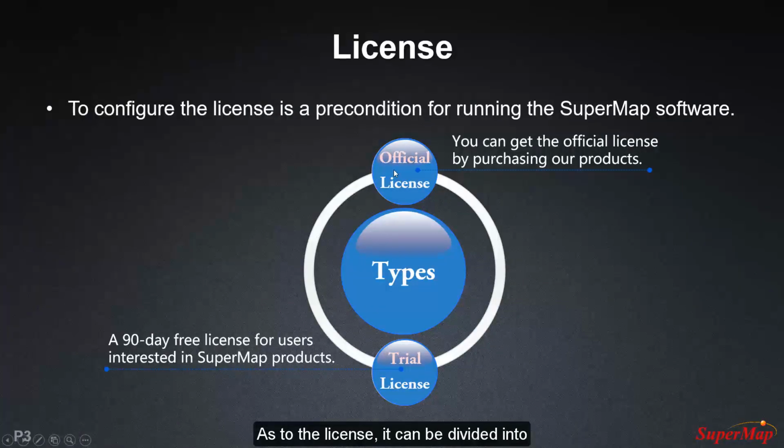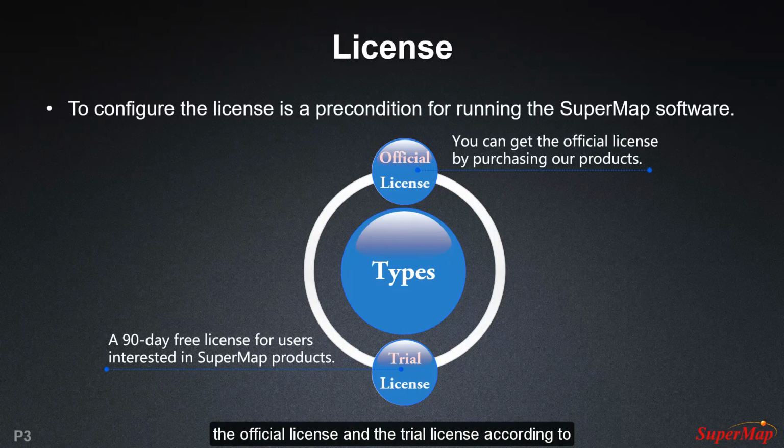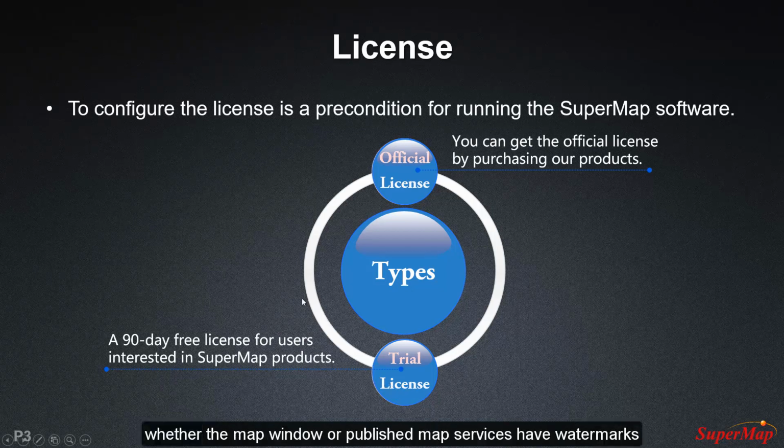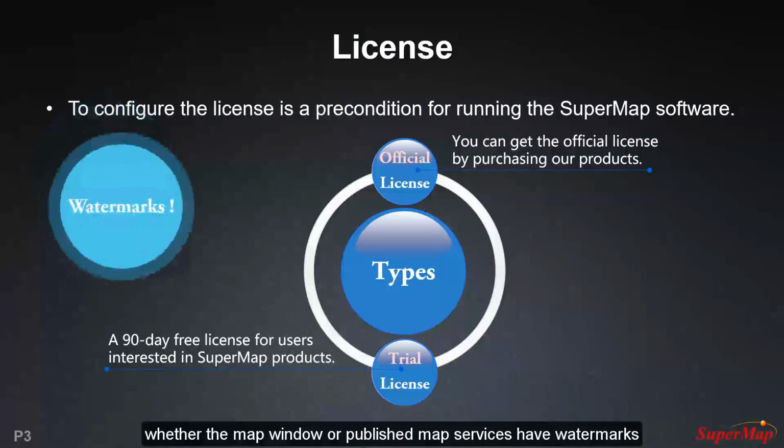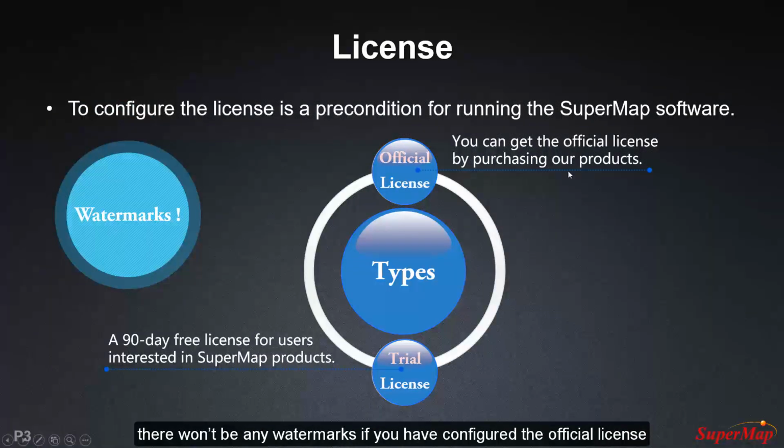As to the license, it can be divided into the official license and the trial license, according to whether the map window or published map services have watermarks. There won't be any watermarks if you have configured the official license.